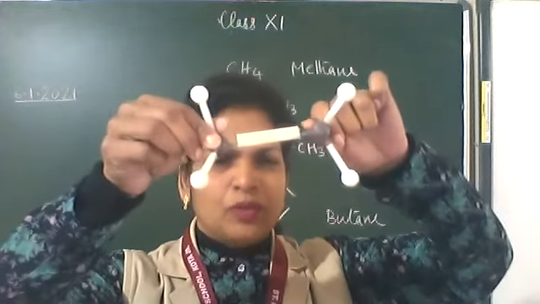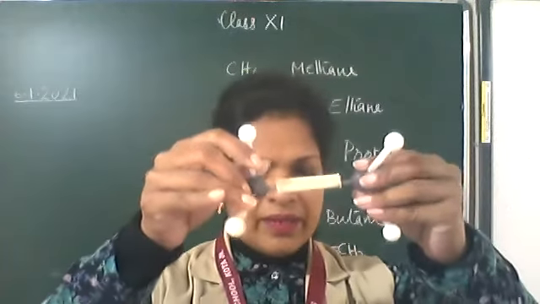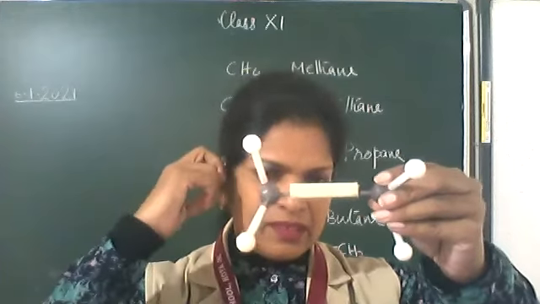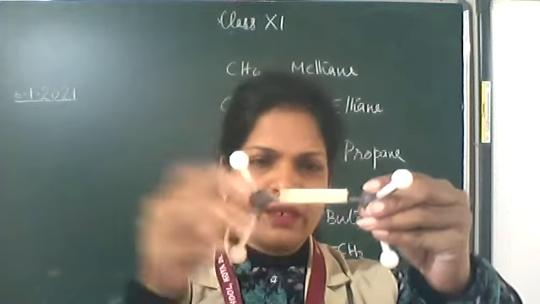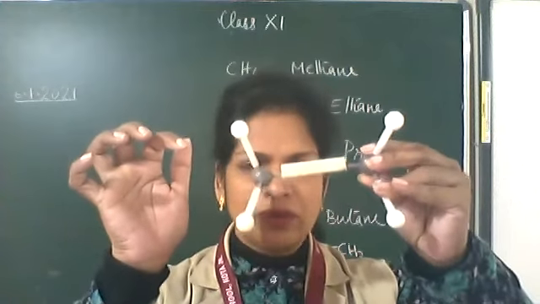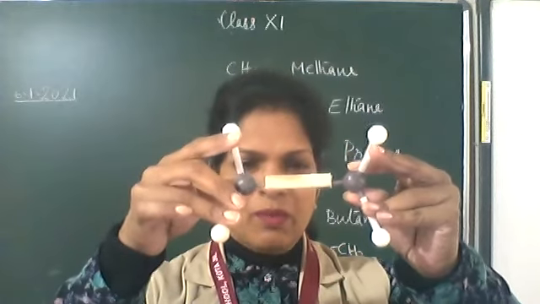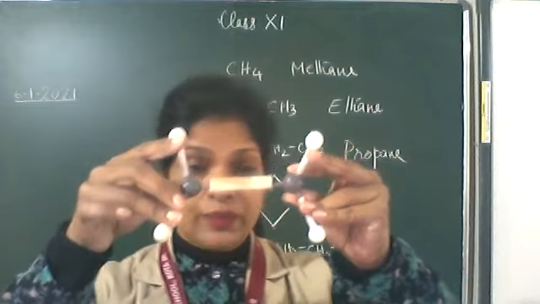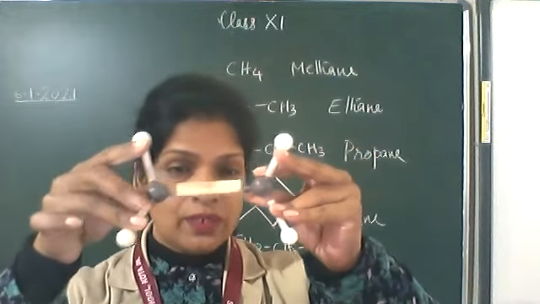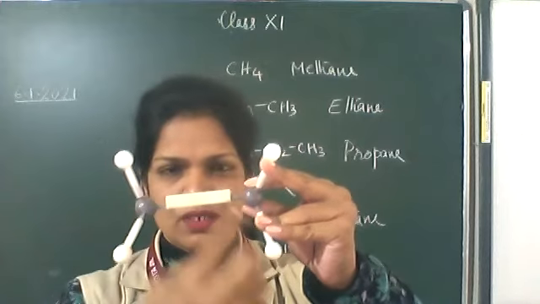A double bond between two carbons. Here it is 120 and 120, and all bond angles are 120. This is 120, this is 120, this is 120.